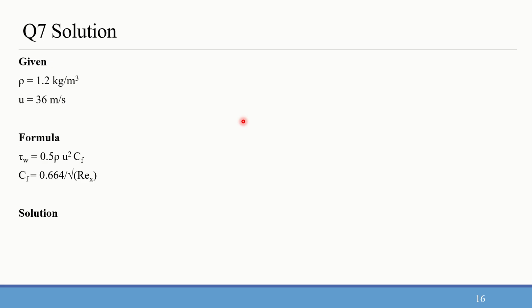So first we'll find CF. Here it is 4,80,000, even though it is a large number, it is less than 5 into 10 power 5, so we are taking it.